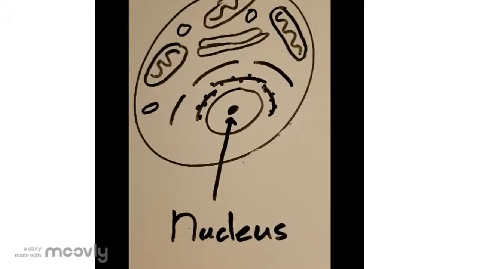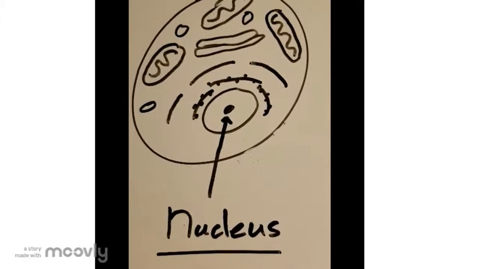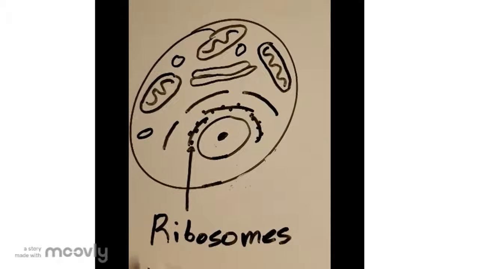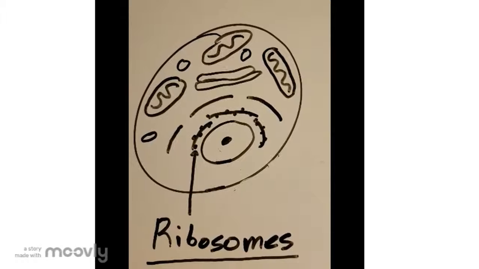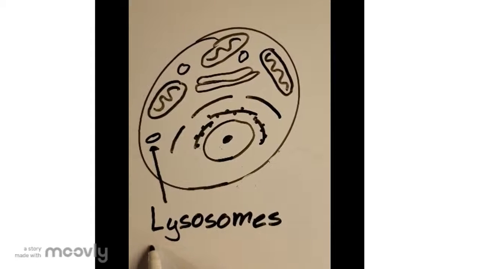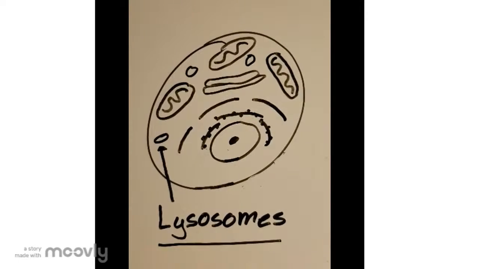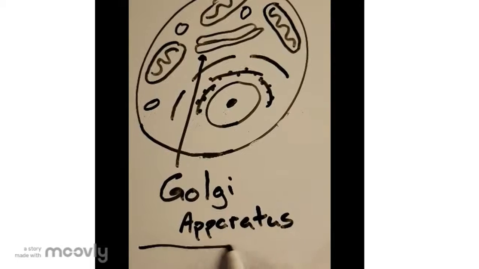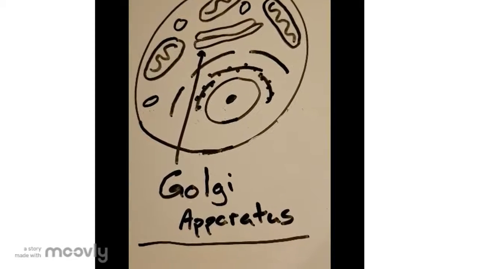The nucleus, which is the largest part inside of the cell, contains DNA and RNA. The ribosomes are proteins that can be found inside the cell as well as on the cell's membrane. The lysosomes disintegrate all unusable organelles. The Golgi apparatus analyzes and distributes molecules made by the host cell.